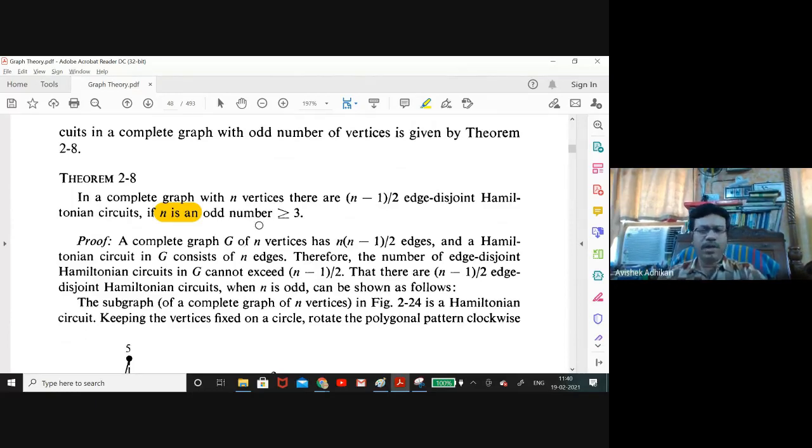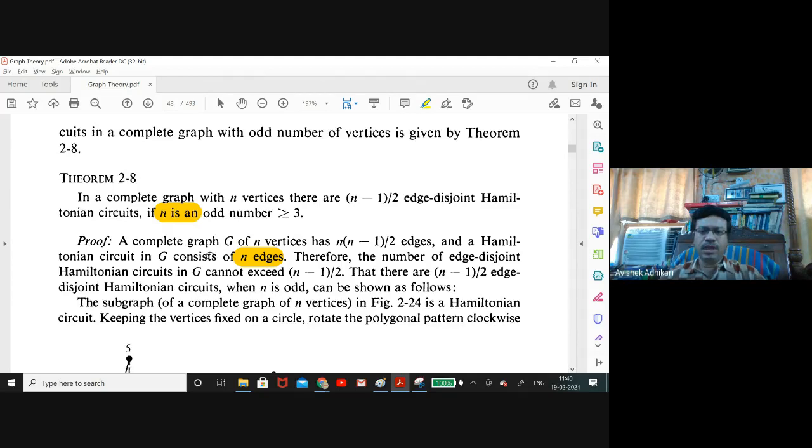A complete graph with n vertices has nC2 edges. Just now we have shown it. That means n into (n minus 1)/2 edges. And the Hamiltonian circuit in G consists of n edges. Just now we have also mentioned, if we have a Hamiltonian circuit in a graph, then it must have n edges.